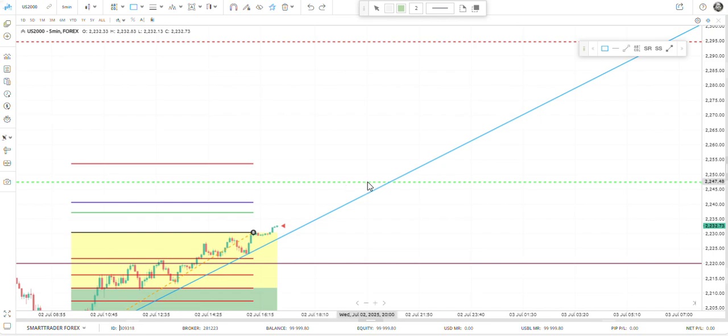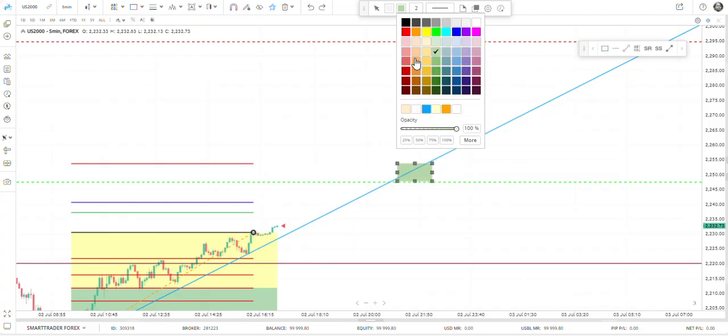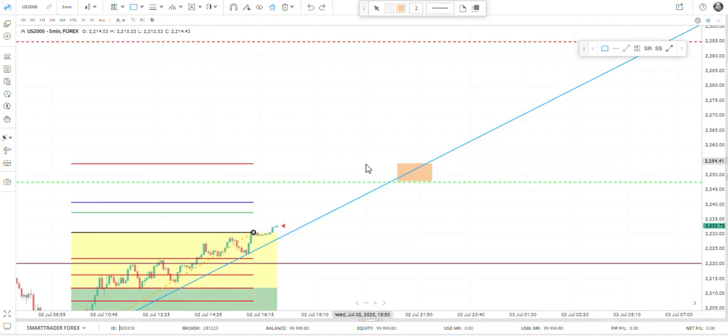Once I see a trend line break, you know, I will keep moving, but this is the level that I would put my stop at. And this will be my take profit right here. 382.